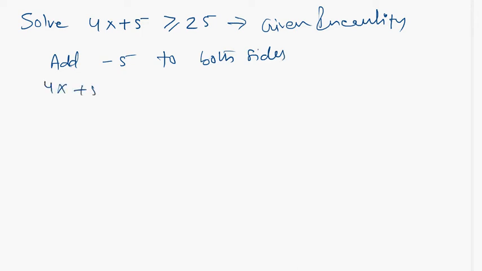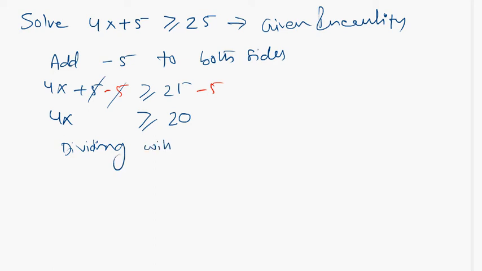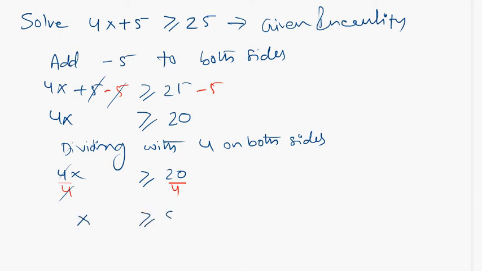That gives you 4x plus 5, adding -5. Now dividing by 4 on both sides. So x is greater than or equal to 5.